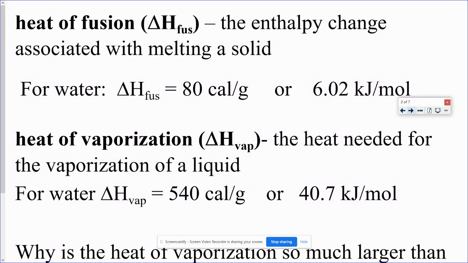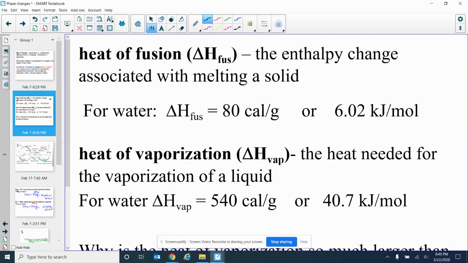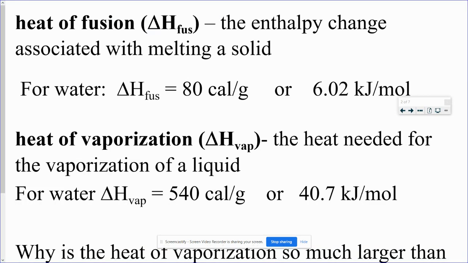So for water, the heat of fusion, the amount it takes to melt water, is 80 calories per gram. So the amount of heat it takes to melt 1 gram of water is 80 calories. Or in kilojoules, it's 6.02 kilojoules per mole of water. That's for melting 1 gram of ice.